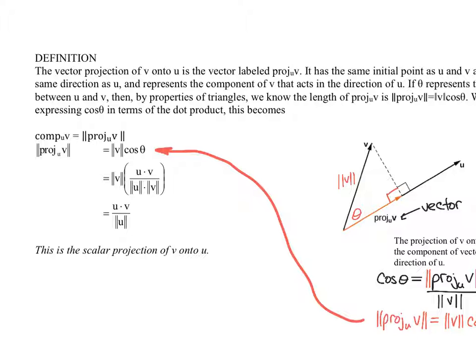The magnitude of the projection is what I meant to say. So that'll give you a component value, a numerical scalar. So that tells you the quantity.